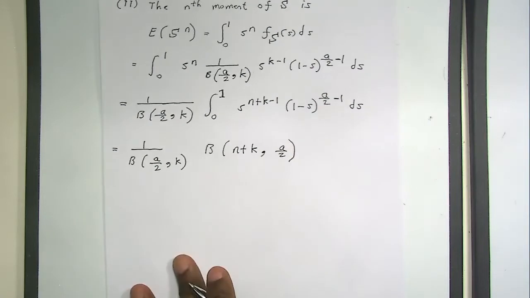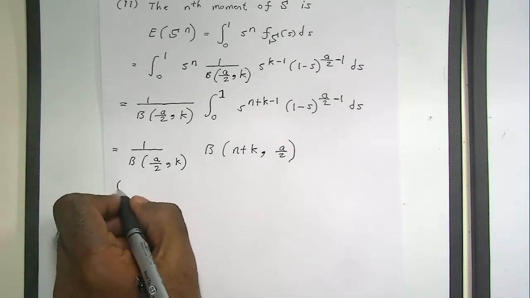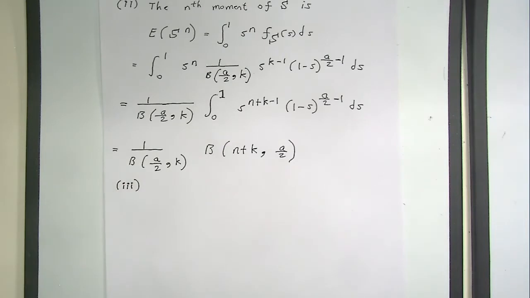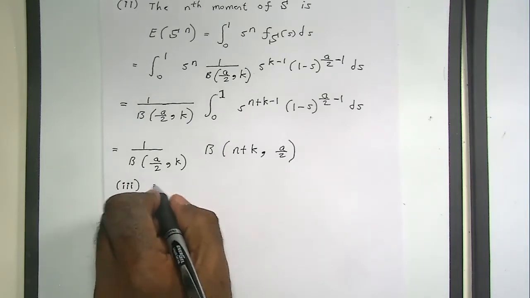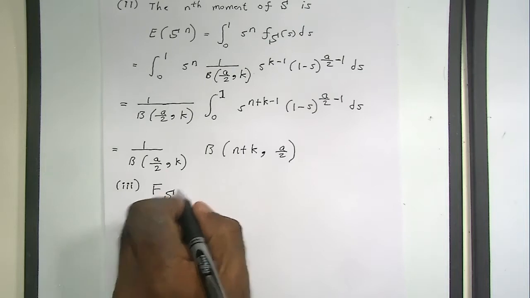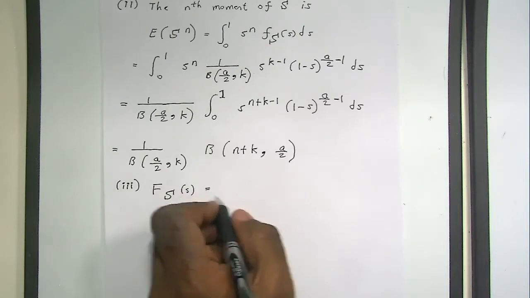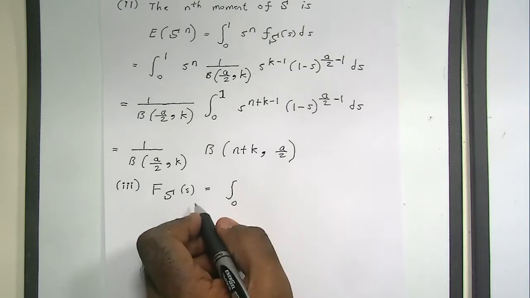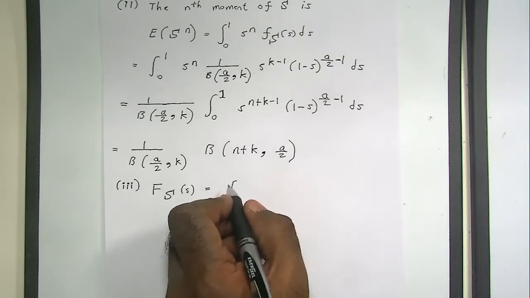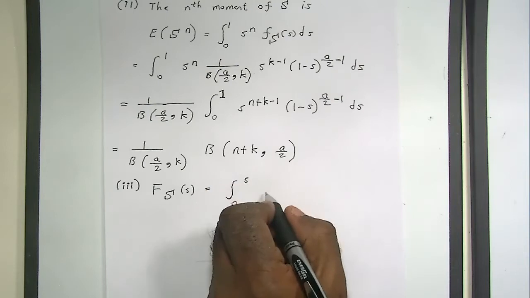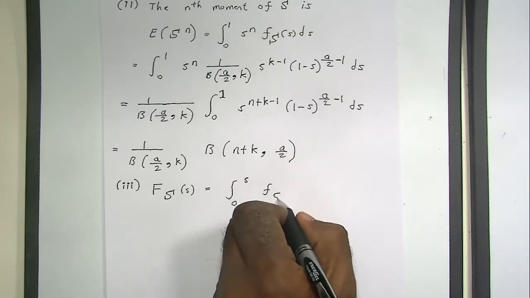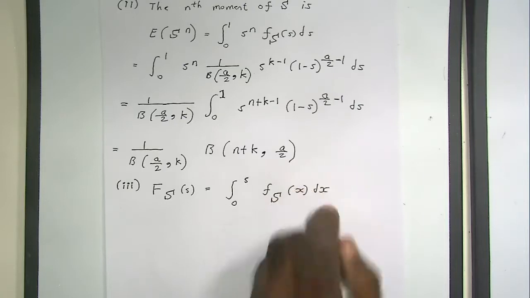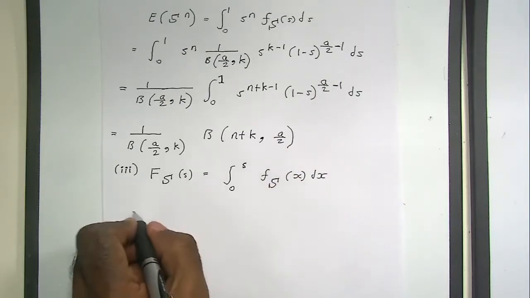Now part 3. Part 3 is to find the cumulative distribution function of S. So you're looking for the CDF of S, which is the integral of the PDF, remember.